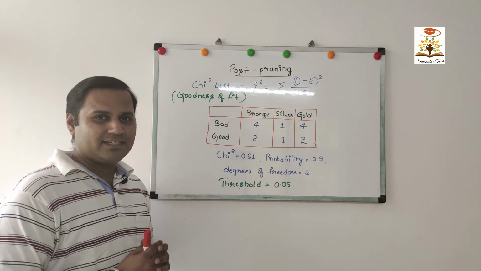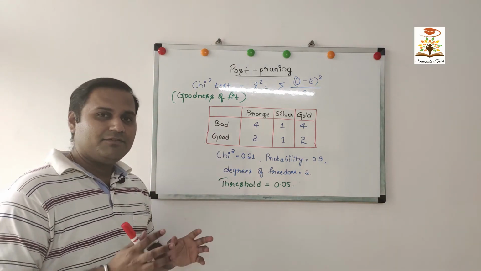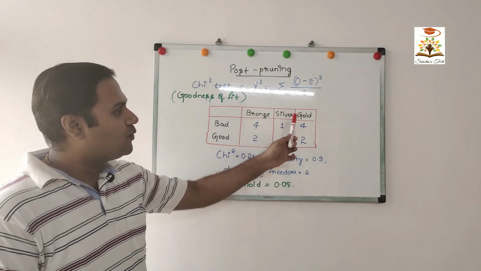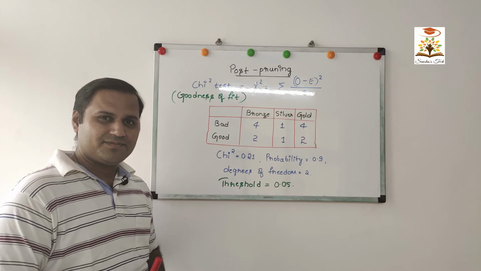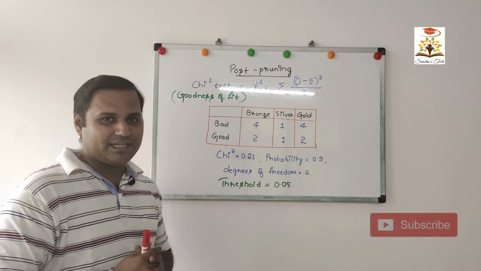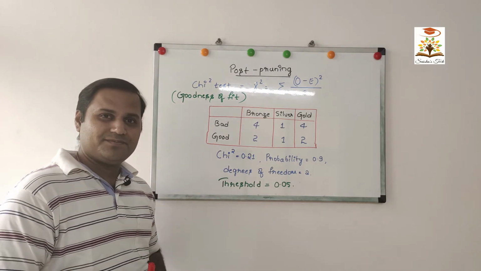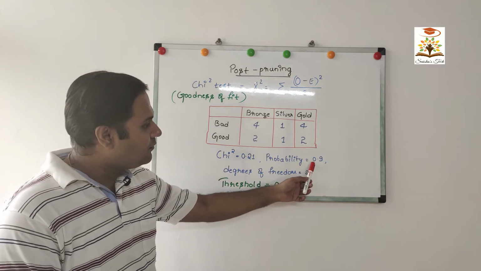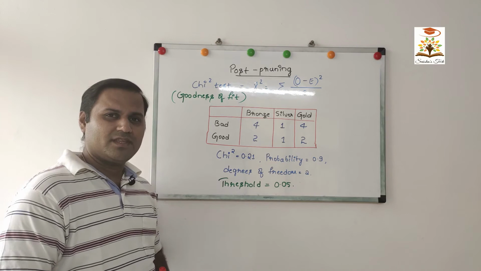To understand this, I have taken a frequency table which has bronze, silver and gold with good and bad conditions. From this frequency table, we have calculated the chi-square test. That comes out to be 0.21 with the probability of 0.9 for degrees of freedom 2.